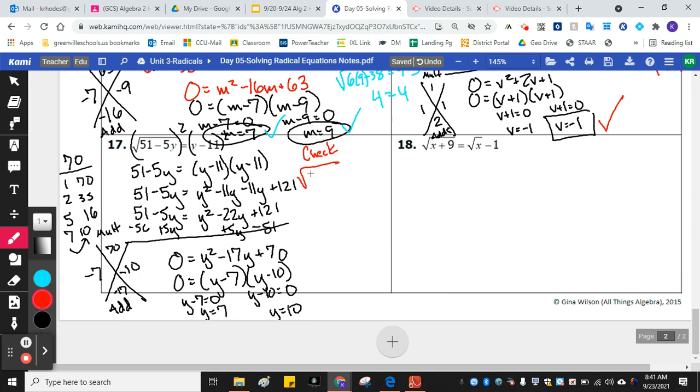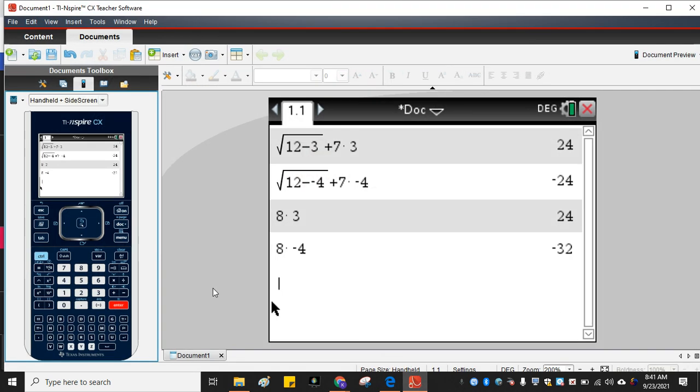So the square root of 51 minus 5 times 7 equals 7 minus 11. This one can't work because I'm going to get a negative 4 here, and this can't equal a negative 4. You can plug it in.